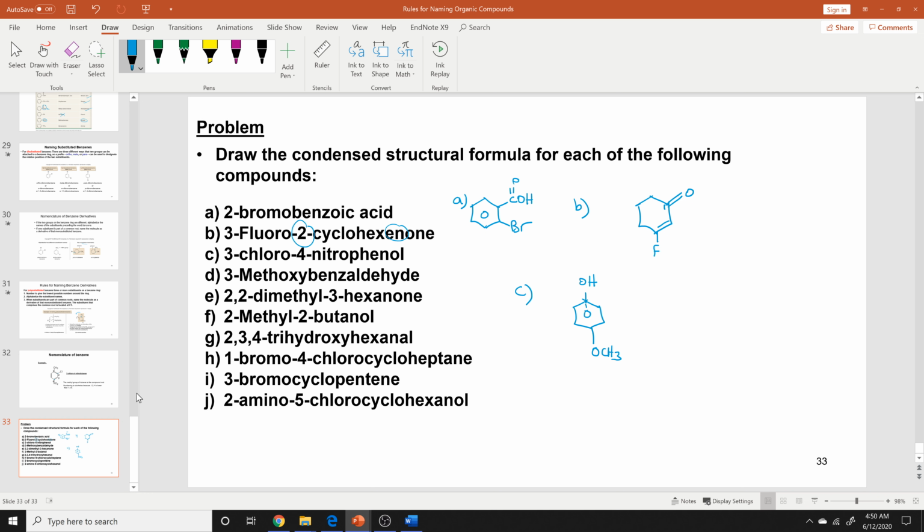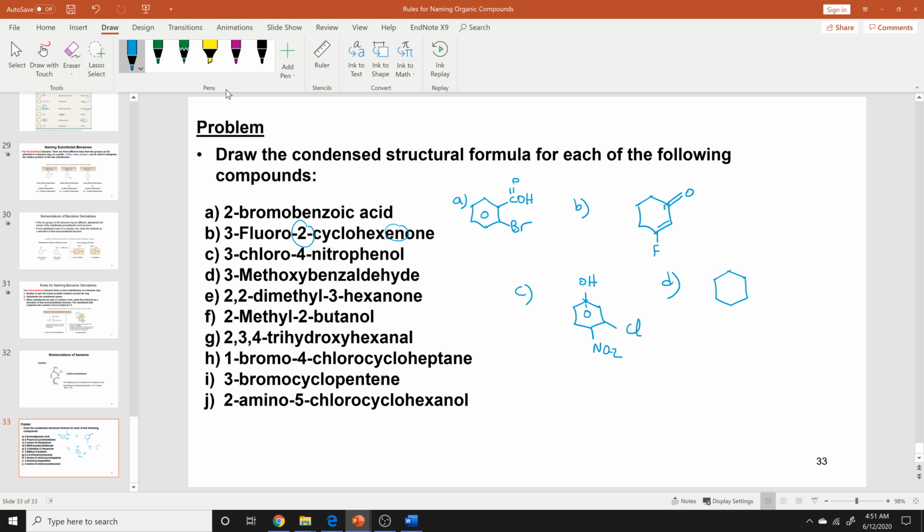I'm sorry, I'm doing C. So let me take this one out. This is a 3-chloro-4-nitrophenol. So this is going to be my phenol. On carbon number 4, I have a nitro. And on carbon number 3, this is 1, 2, and the 3, I have a chloro in there.